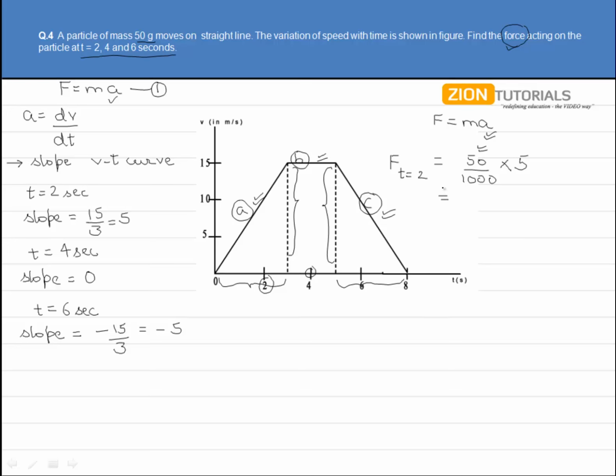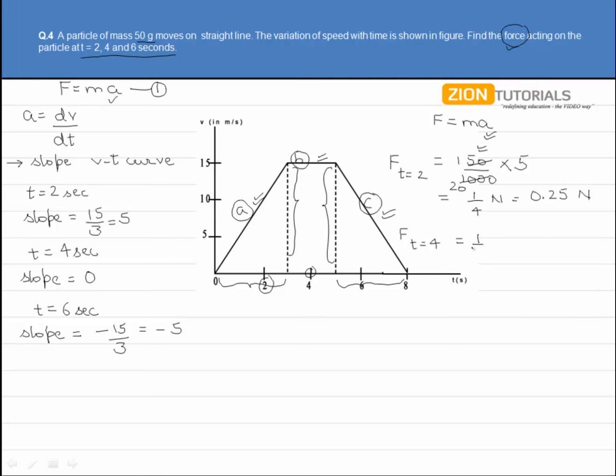This is equal to, cutting it by 1 by 20, getting 1 by 4 Newton or 0.25 Newton.